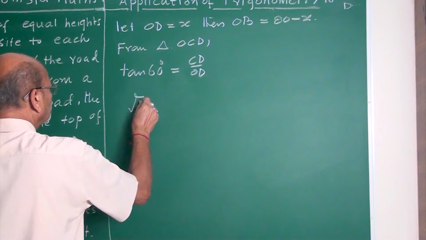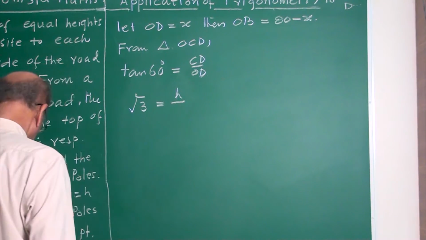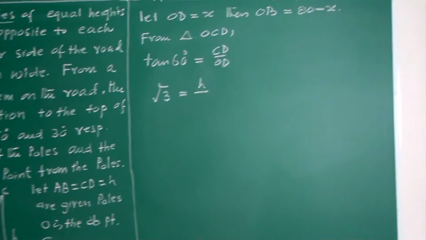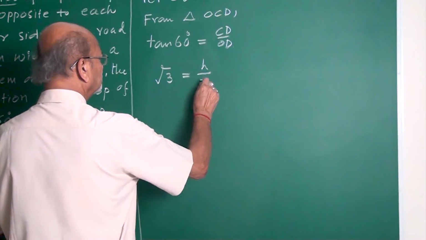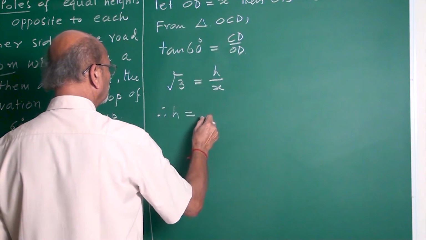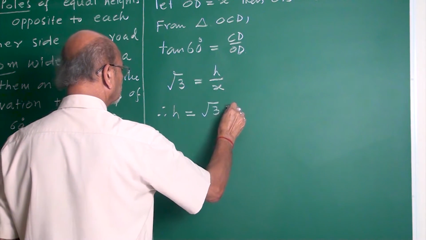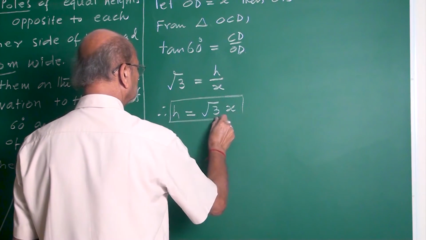Tan 60 is root 3. CD we have taken as H, and OD is taken as x. From this, H equals root 3 into x. Name this as 1.